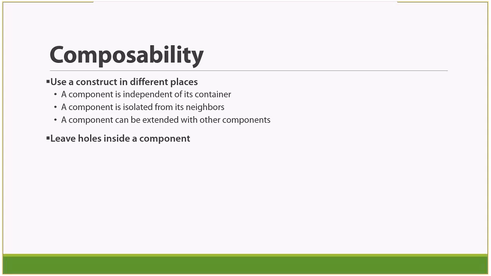So I want to dive into a little bit more about leaving holes inside of a component. What does that mean in terms of XAML? XAML is a markup language, really the way that we're going to be talking about XAML for building user interfaces.